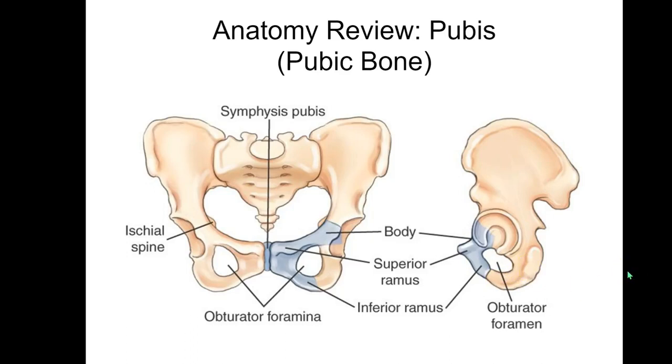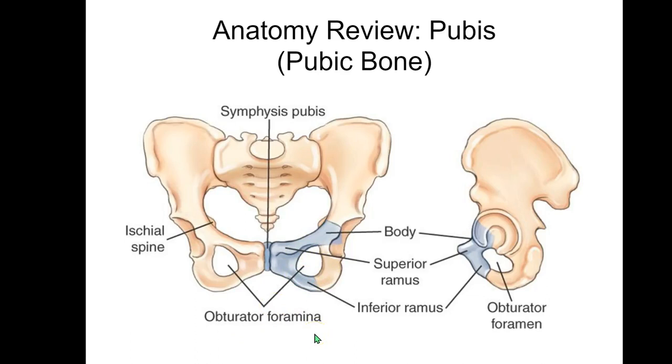Okay, the obturator foramen is a large opening formed by the ramus and the body of each ischium and by the pubis. So notice, this part is all ischium, this part is all pubis. And that large opening is called your obturator foramina.